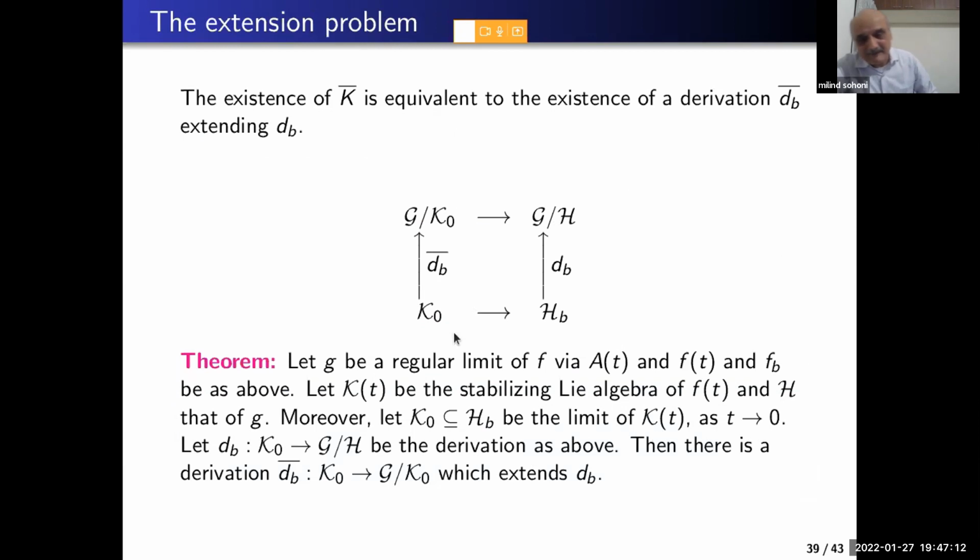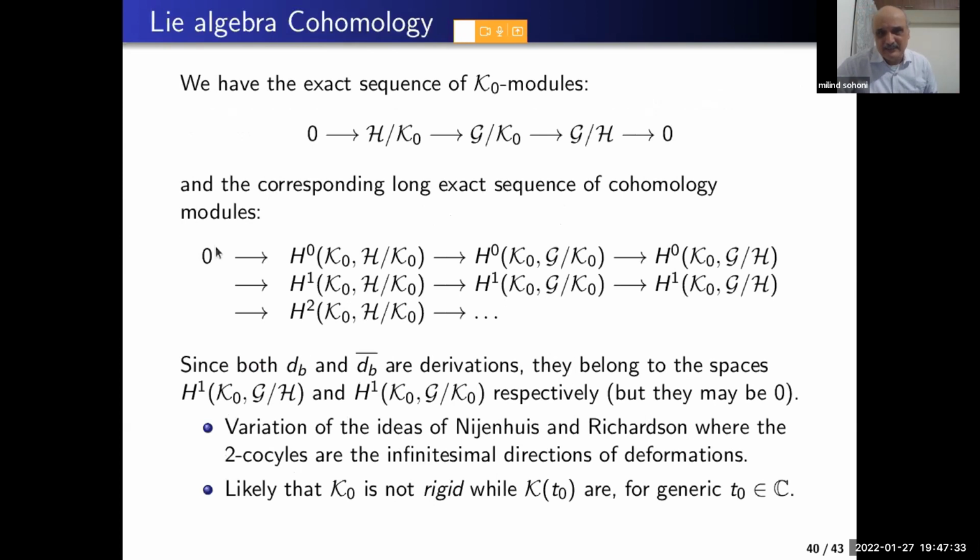In the sense that not all subalgebras of k0 are good limits of these one parameter families. They also need to be extendable. This derivation needs to be extendable, and that gives us some Lie algebra cohomology conditions, which are also expressed here.